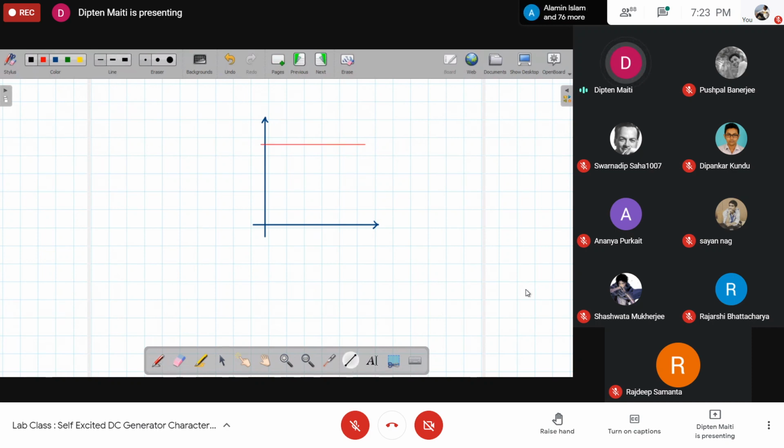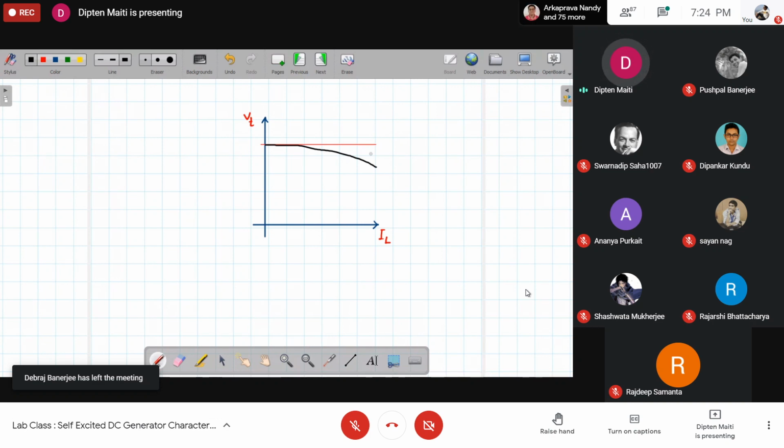Let's consider this is the no load line, and this is the terminal voltage versus load current characteristics. For the shunt generator, the load characteristics would be drooping in nature like this. There would be two drops, one due to the armature resistance and another due to the armature reaction. Due to both drops, the terminal voltage would drop.